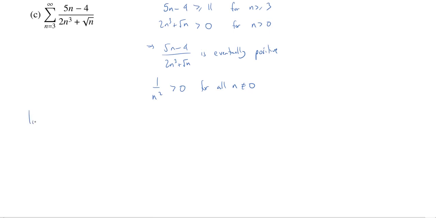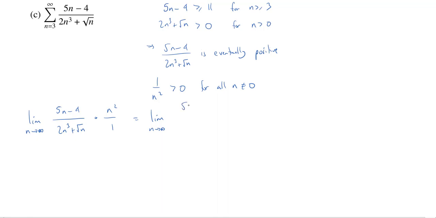So to show that these are asymptotically equivalent, I'm going to go to the limit of 5n minus 4 over 2n cubed plus the square root of n, and I want to divide by 1 over n squared, which is the same as multiplying by n squared over 1. All right, let's do a little bit of work here.